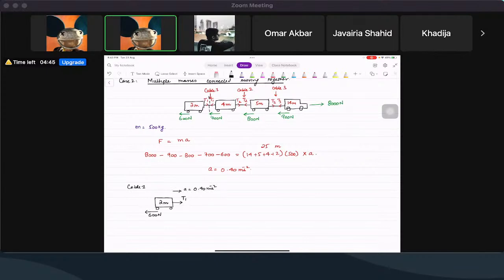That's for the whole system. So I'm going to use F equals to ma. I'm going to put T1 minus 600 equals to mass is 2 times 500 and the acceleration is 0.40. So if you do this, you should expect an answer of 1000 newtons. Is it clear, everybody?